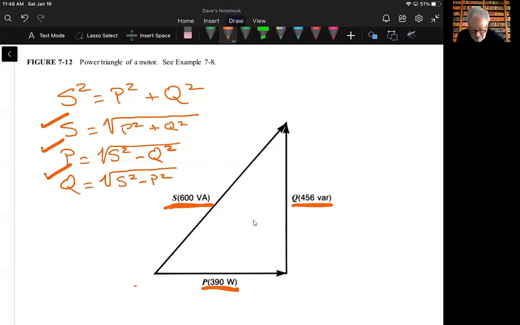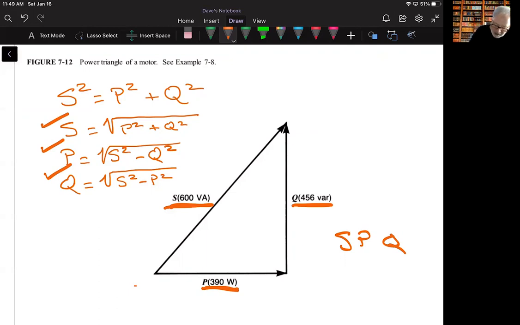I'll read this, and in some ways it's not important, but it says the power components S, P, and Q look like phasors, but they're not. However, we can think of them as conventional vectors. A vector is something that has magnitude and direction.